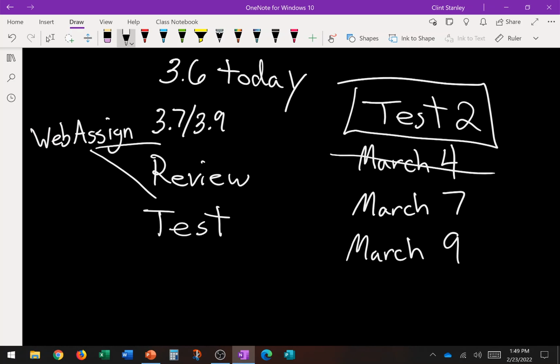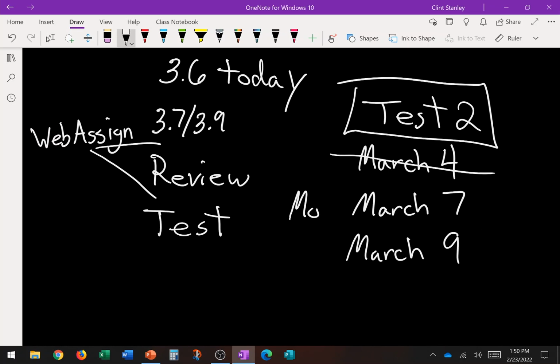So normally I would do a show of hands, but maybe just for the heck of it, I think I want to do a secret ballot for the vote here. We'll see if it comes out different than if we did show of hands. So get your little piece of paper. It doesn't have to be big, just big enough to write either the 7th or the 9th on there.